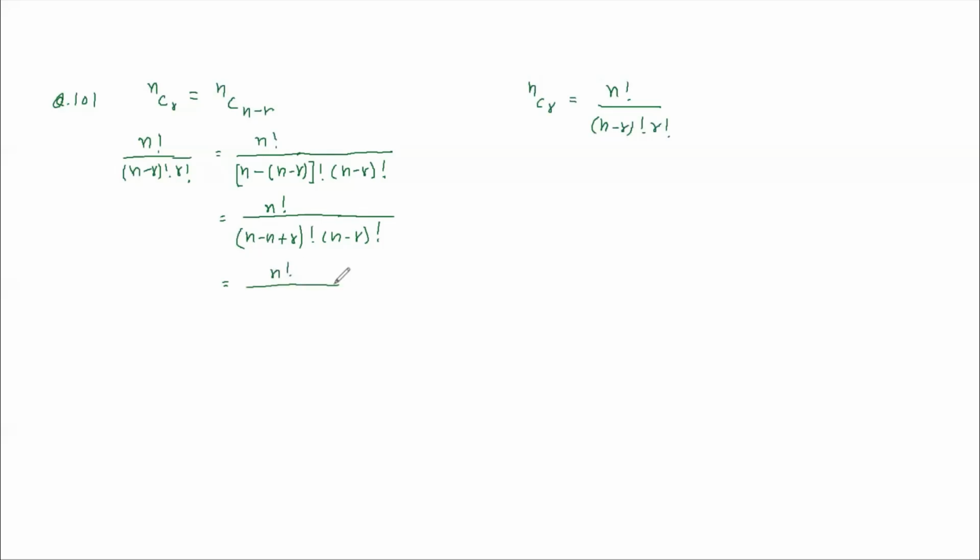So we are left with r factorial, and then (n minus r) factorial. You see the left hand side and the right hand side are the same, right? n factorial on the top is the same, and the bottom is what? (n minus r) factorial times r factorial. Okay, this is the left hand side. So we can conclude that the left hand side equals the right hand side. Okay, that's question 101.